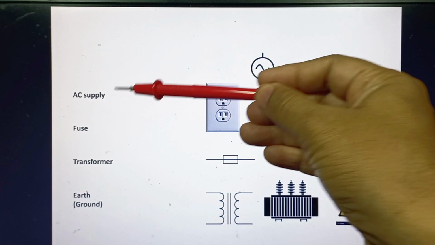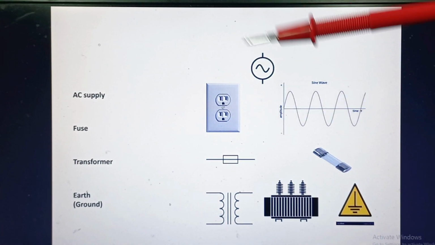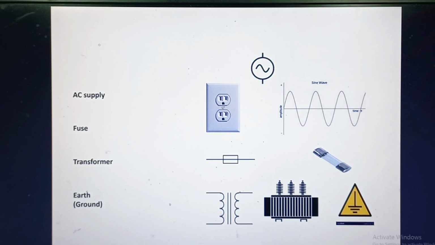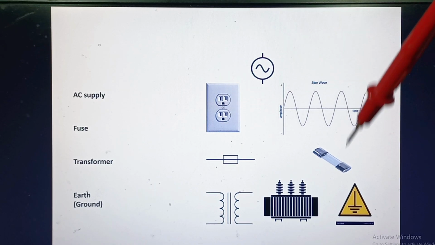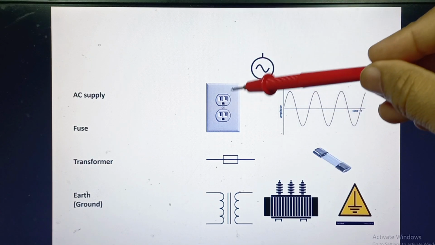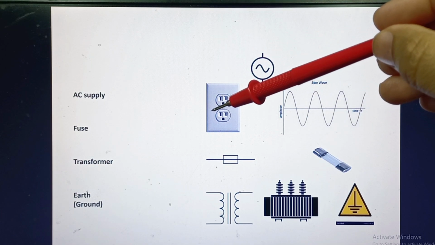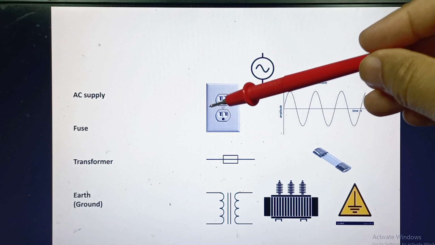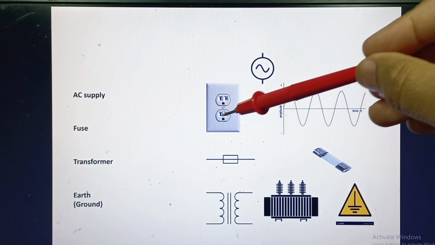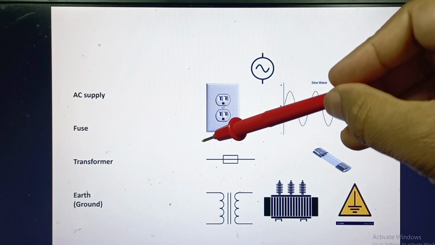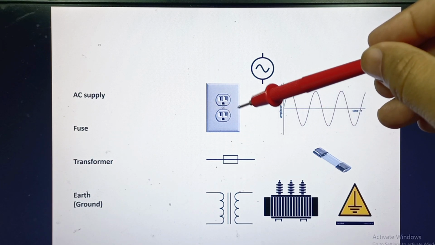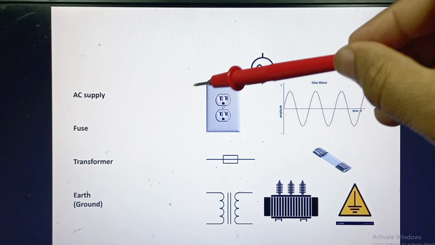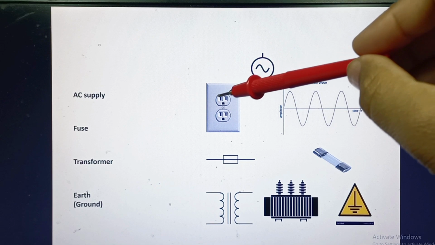Here you can see the AC supply. This one is the AC outlet which is being provided at your homes, across which you can measure a voltage level of 220 volts AC with a frequency of 50 hertz or 60 hertz, whatever is being provided to you at your own country level.